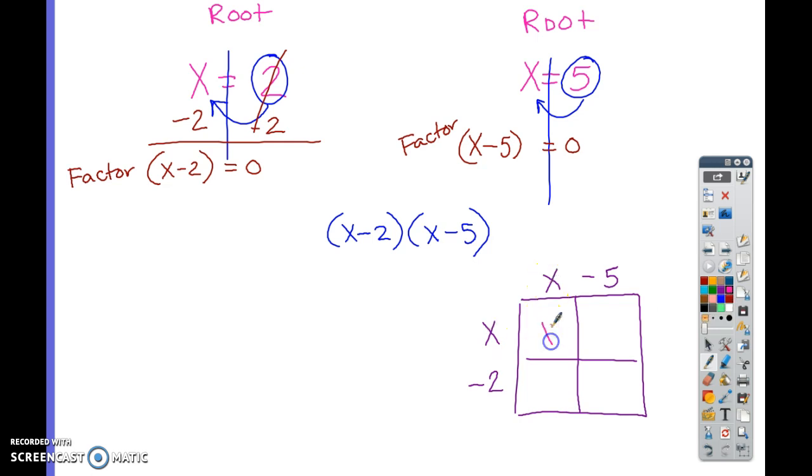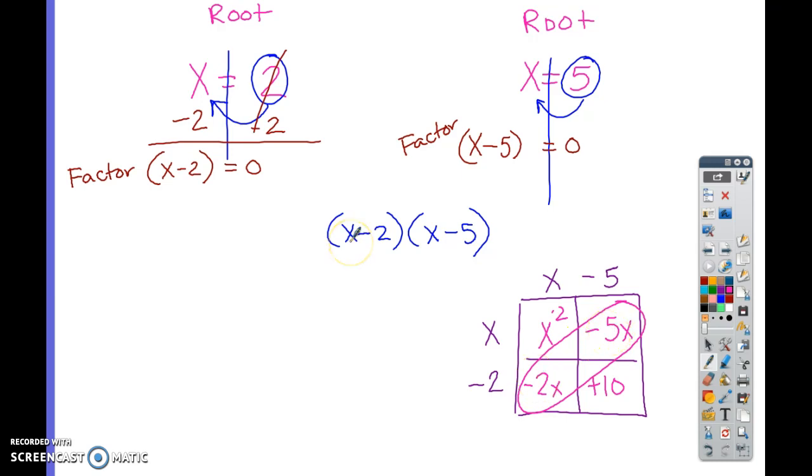X times x is x squared. X times -5 is -5x. X times -2 is a -2x. And -2 times -5 is a +10. Combine the diagonals. -2 plus -5, or -2 minus 5, same thing, is -7.